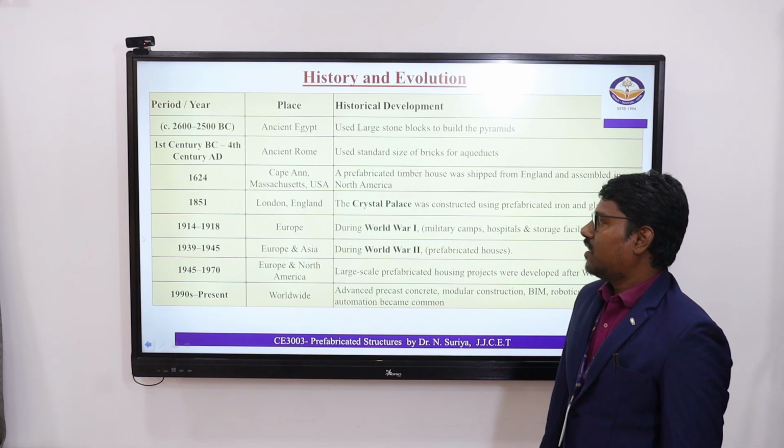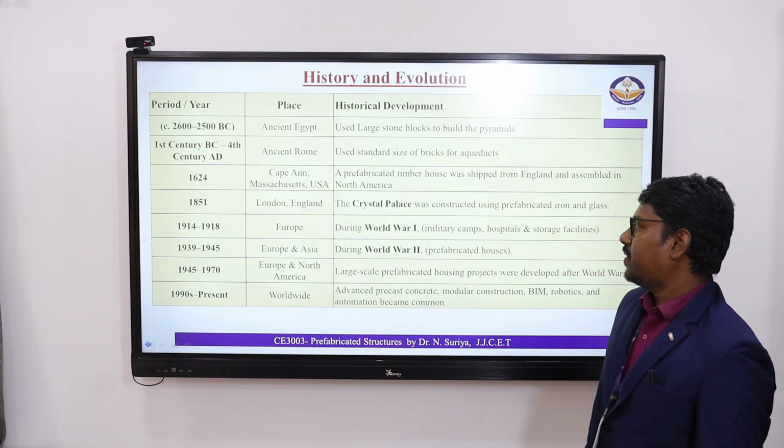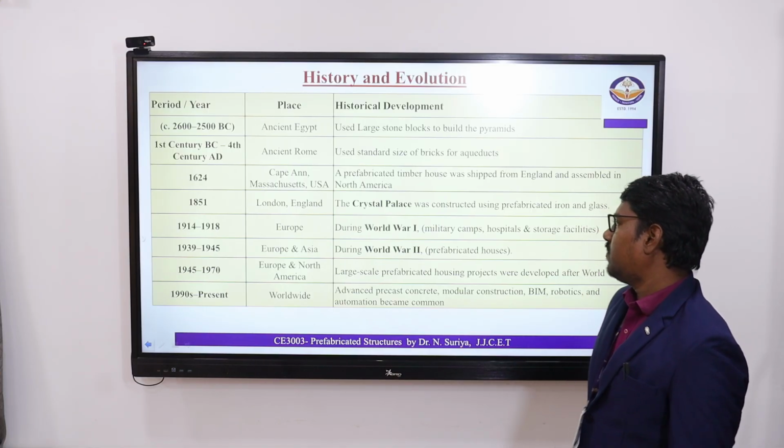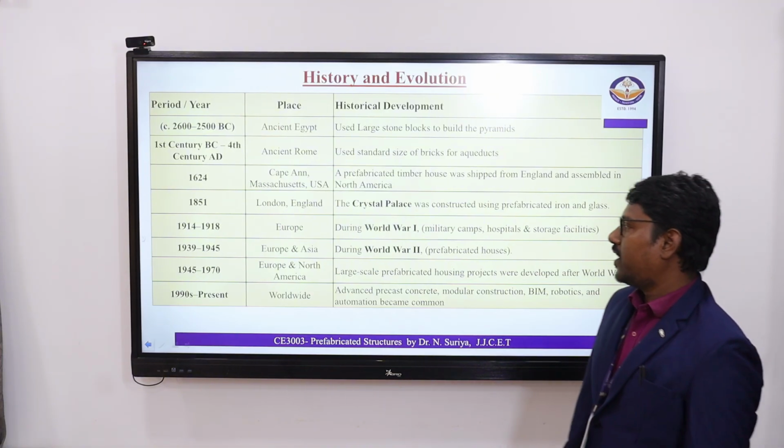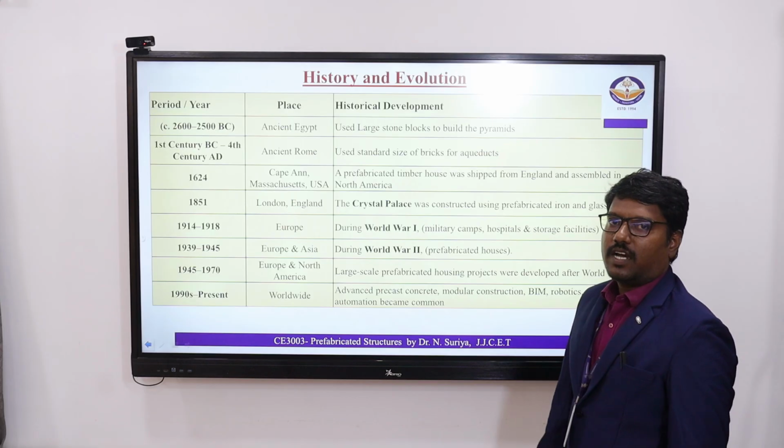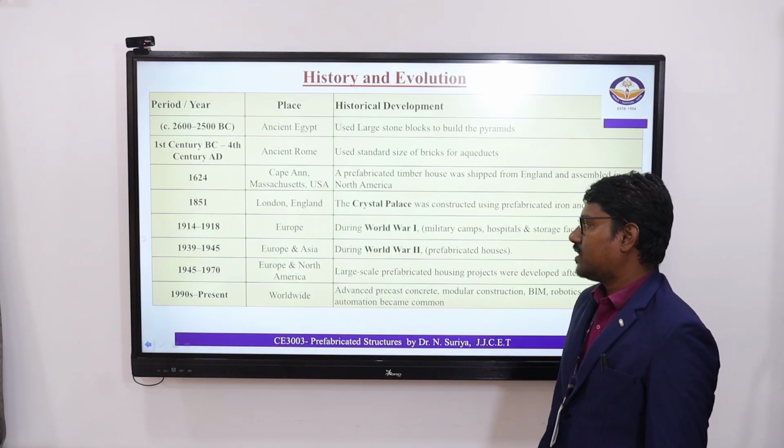From 1914 to 1918, in Europe during World War I, military camps, hospitals and storage facilities were provided by the government by adopting the prefabrication method.